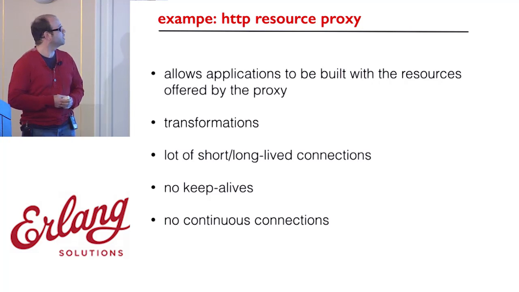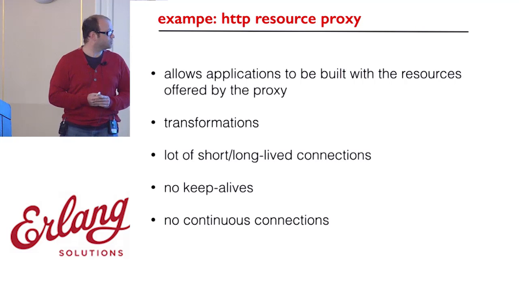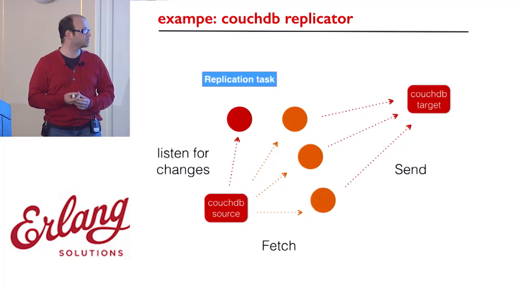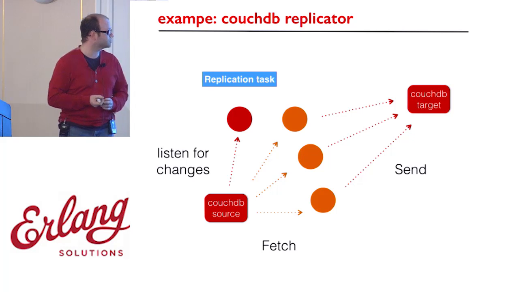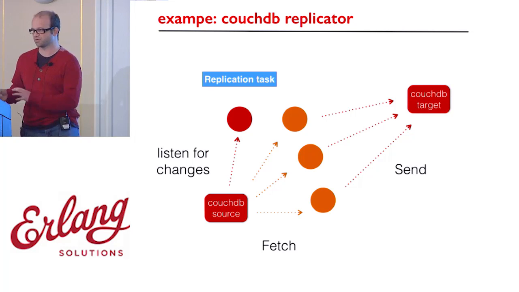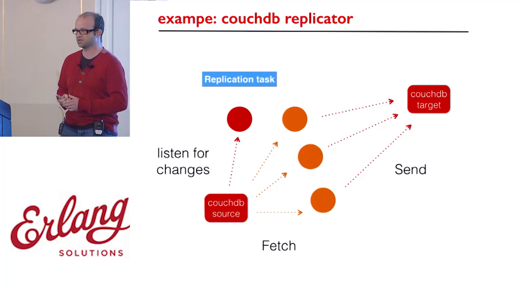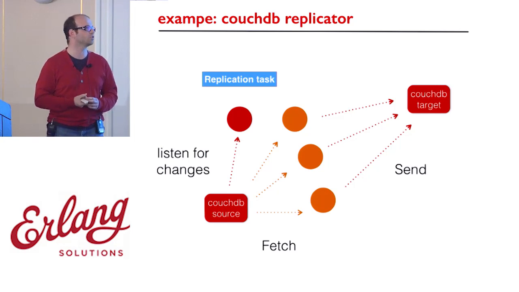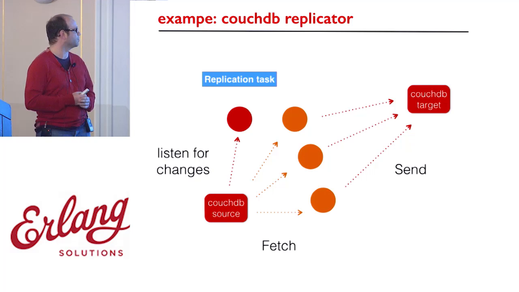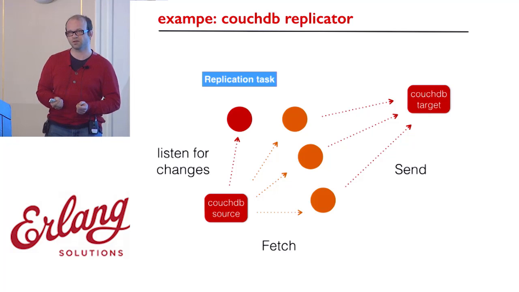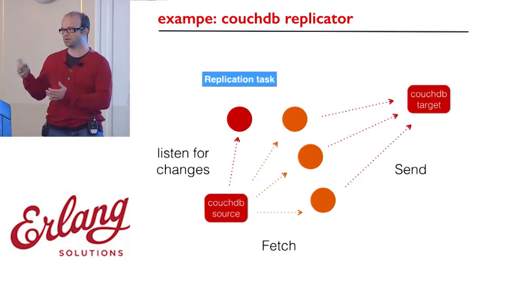Pretty simple. The other example that led me to analyze the other HTTP clients around was the CouchDB replicator. I don't know if you know CouchDB. CouchDB is a document-oriented database written in Erlang, mostly at the origin a clone from Lotus Notes, but derived since. One of the main features in CouchDB is master-master replication.